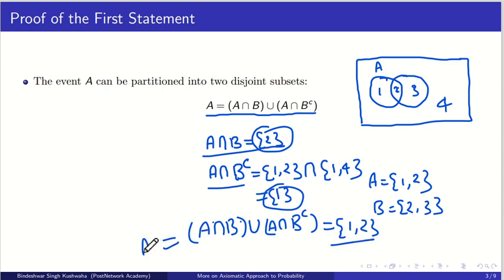So that means A can be partitioned into two disjoint subsets. The first one A intersection B and this one A intersection B complement. And so I have proved that A can be partitioned into two disjoint subsets using this example.